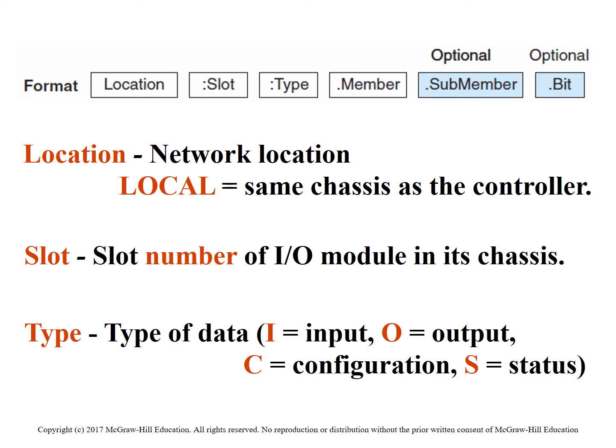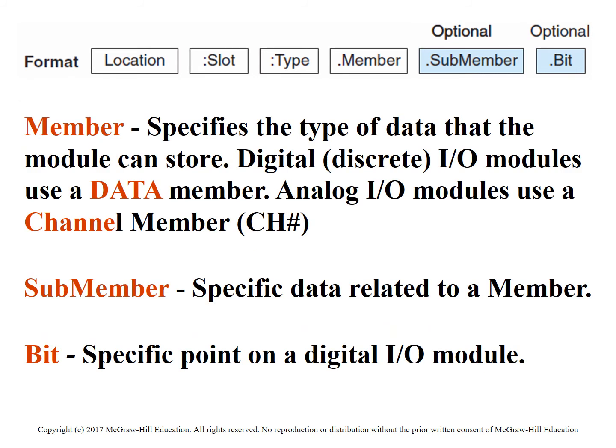Then we're going to have a member. Member is going to specify the data that the module can store, so either data or a channel number or something of that nature. And then the submembers are going to represent the number, like say if we had a channel 1, it'd be CH, and then this would be channel 1. So that's how they tie that up. And then the bit is specific to the digital I/O module, so whichever bit we're using.